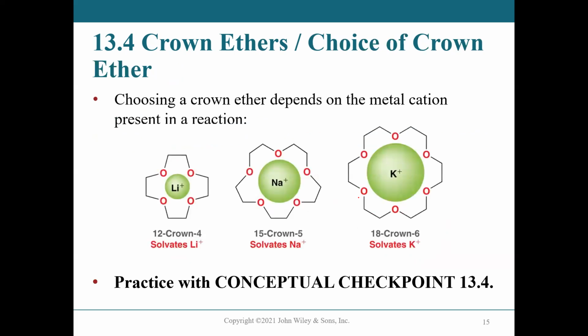Thus, choosing a crown ether depends on the metal cation present in the reaction. Obviously, you wouldn't put the potassium here because it would have a hard time fitting in 12 crown 4.